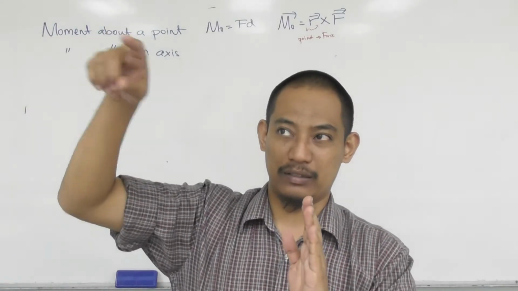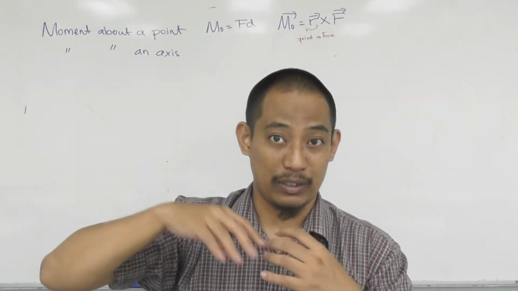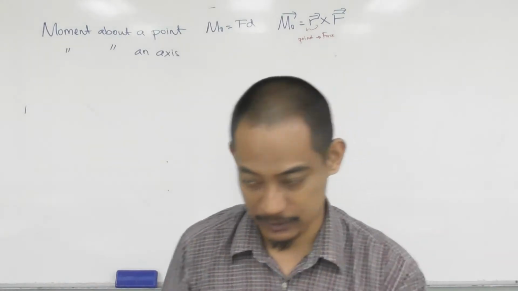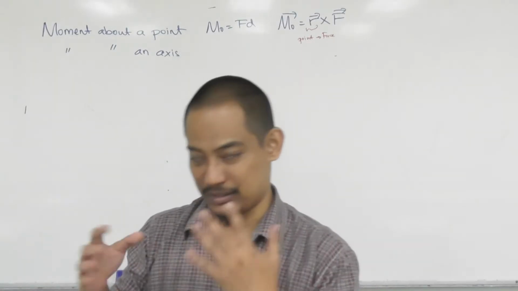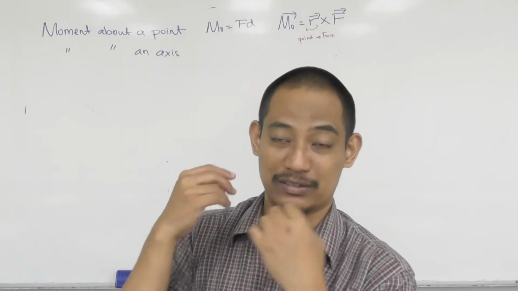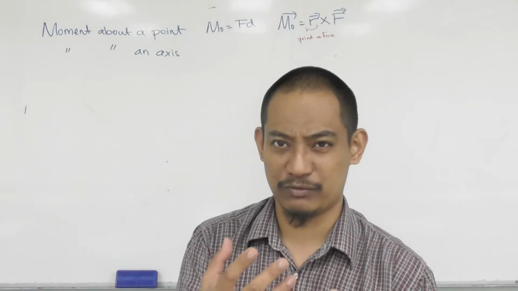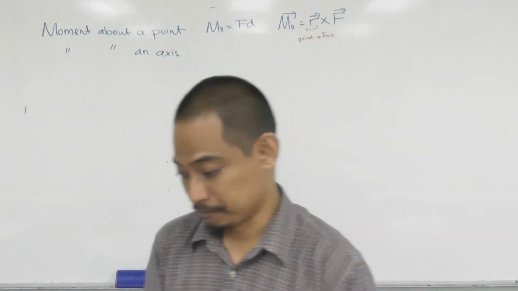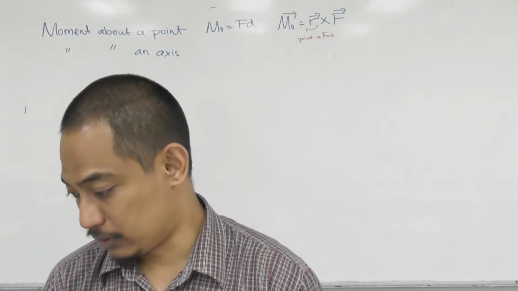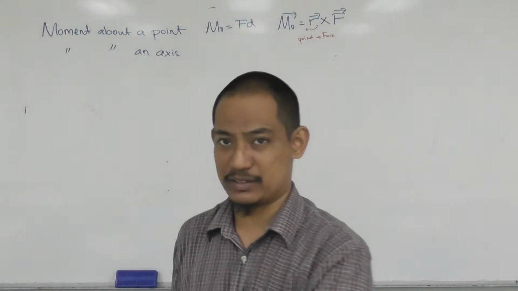So moment about a point is no longer what I want. I want a moment about an axis. That's just the application. If you don't even understand that one, at least you understand how to calculate, and you can still calculate in the exam. I just use some examples here for those who will be using this to appreciate it. Similarly, if you see the slide, there's a bracket.